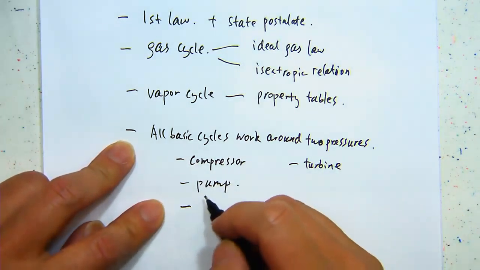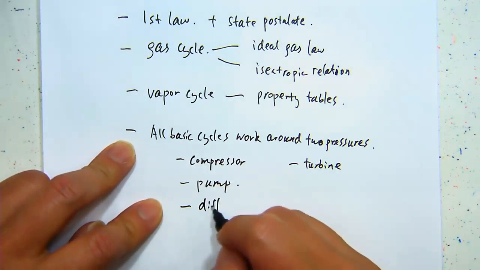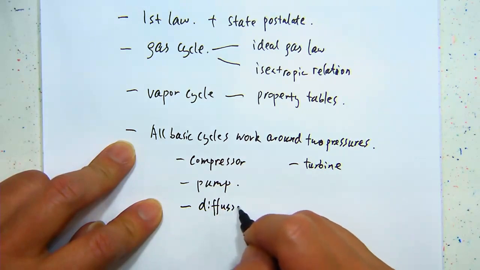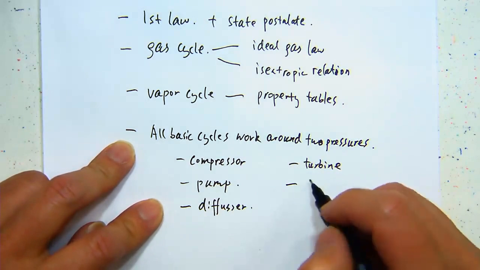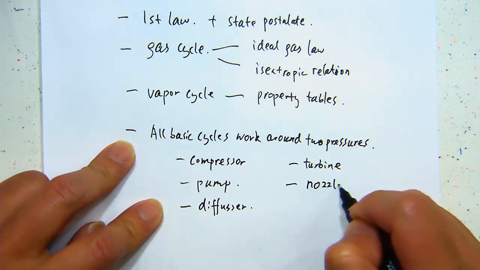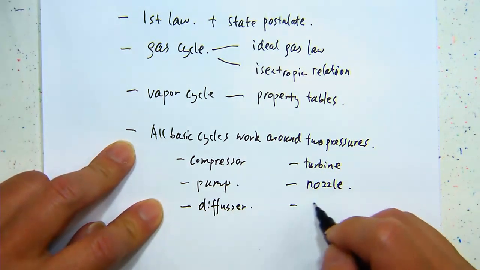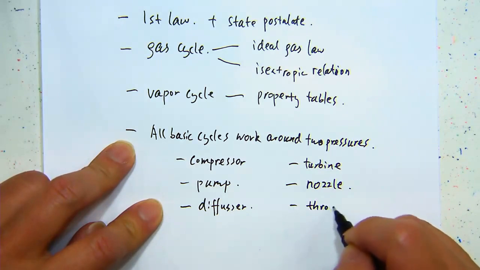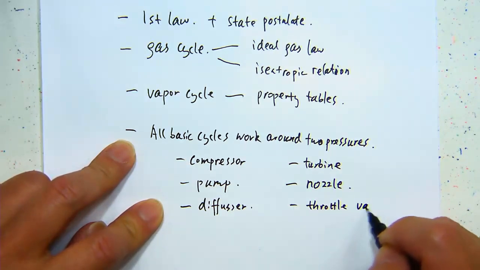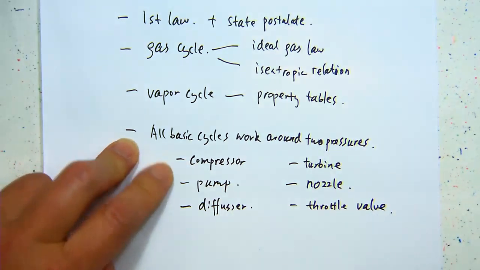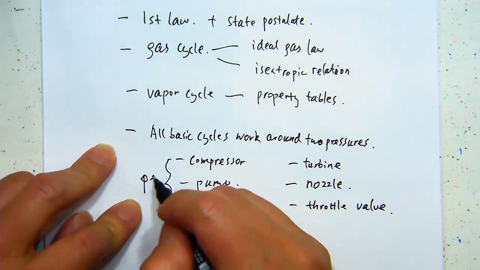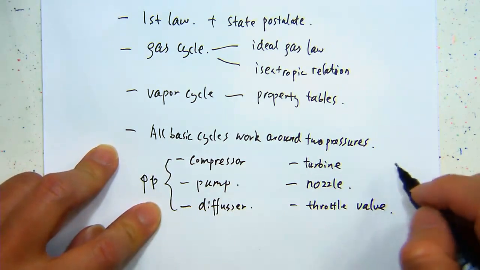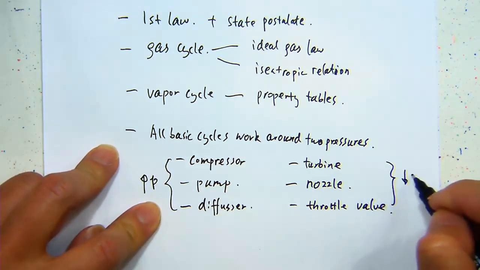And we have the diffuser. With the diffuser, we have the nozzle. And we also have the throttle valve. So these are the devices that increase the pressure, and these are the devices which decrease pressure.